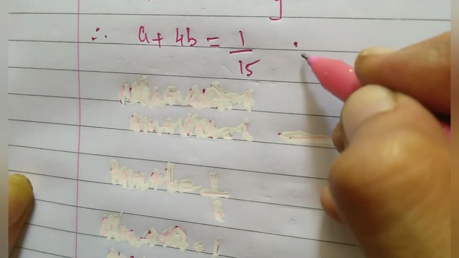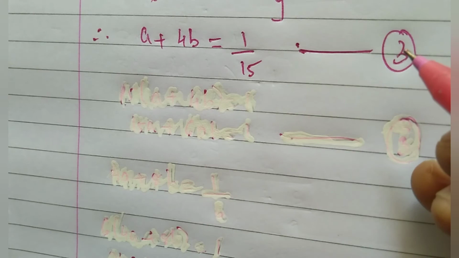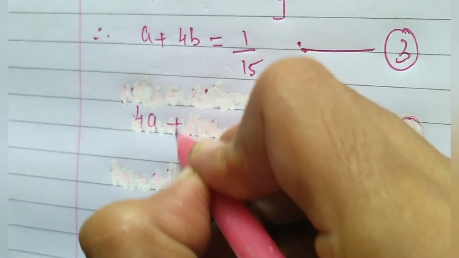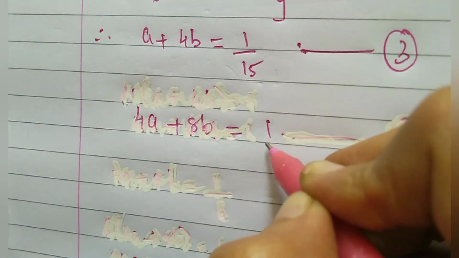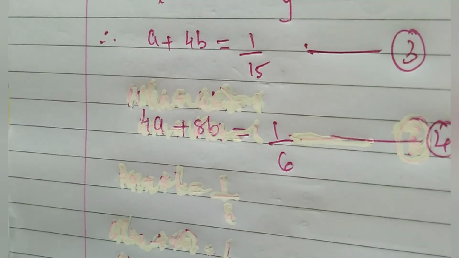This is third equation. Okay, now for the second equation, what we will write? 4a plus 8b equal to 1 upon 6. So this is fourth equation.